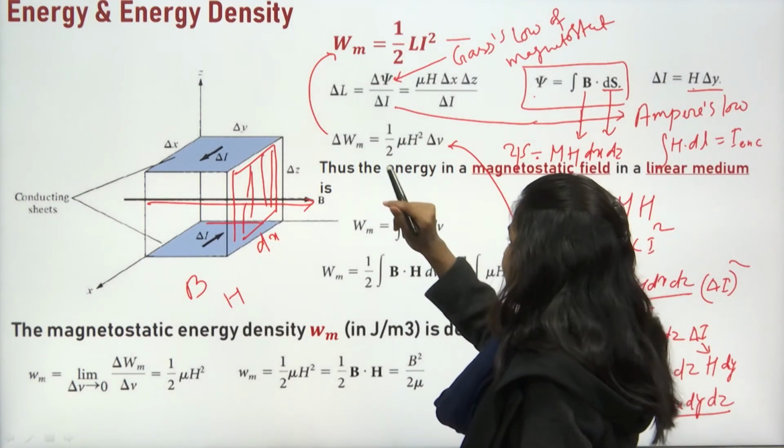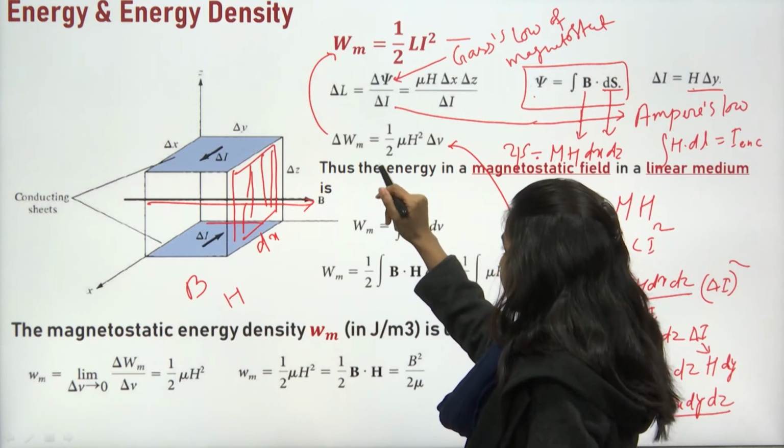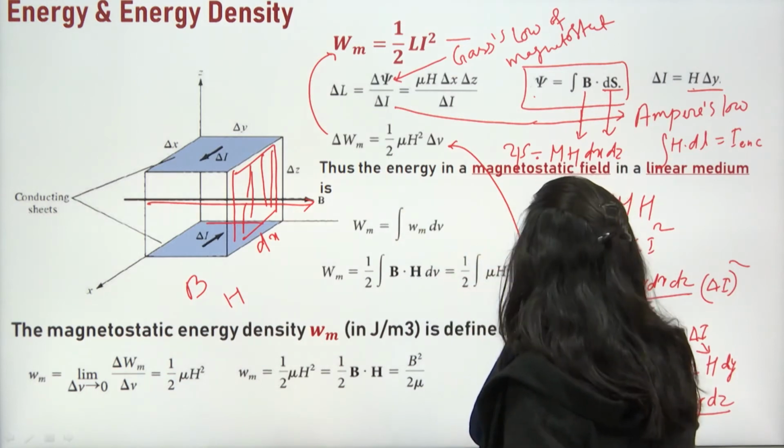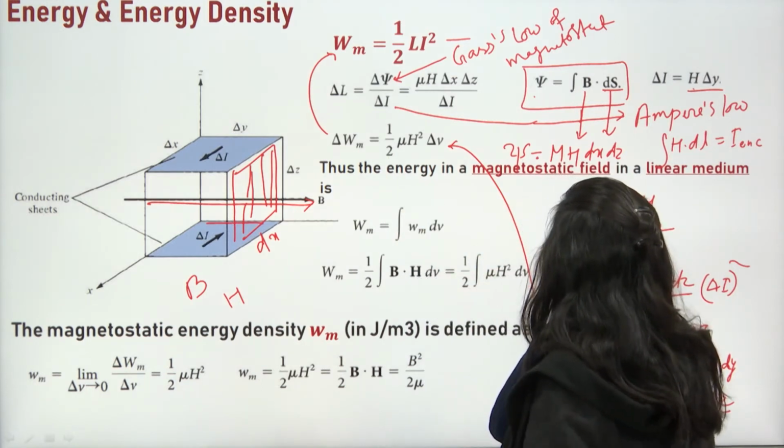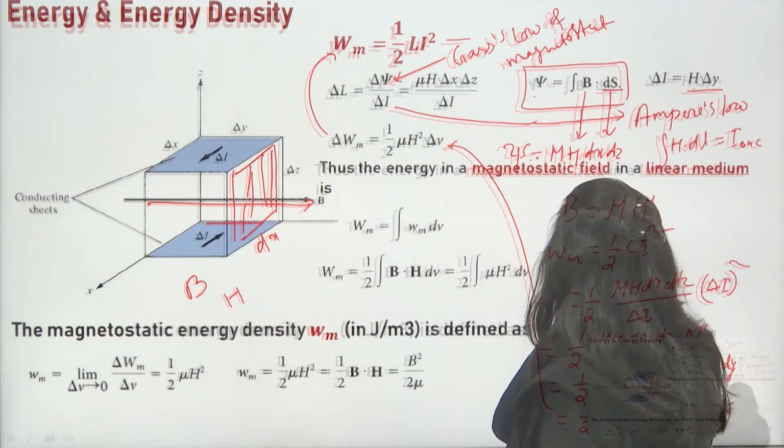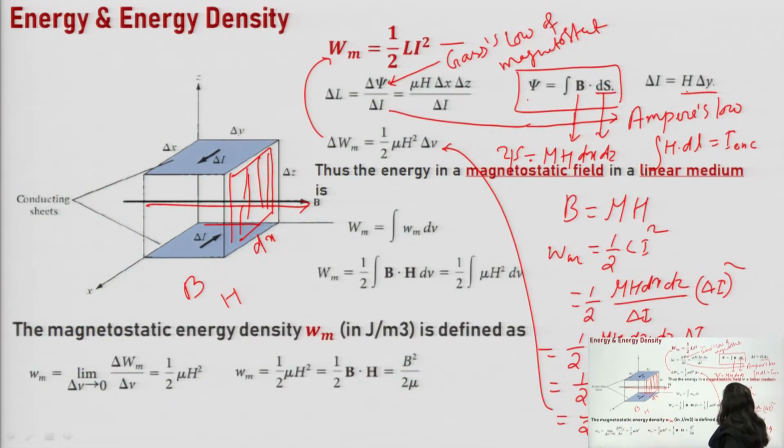Now as it is a differential magnetic energy, we can write energy in a magnetostatic field in a linear medium as Wm equals the integration of half mu H square dv.